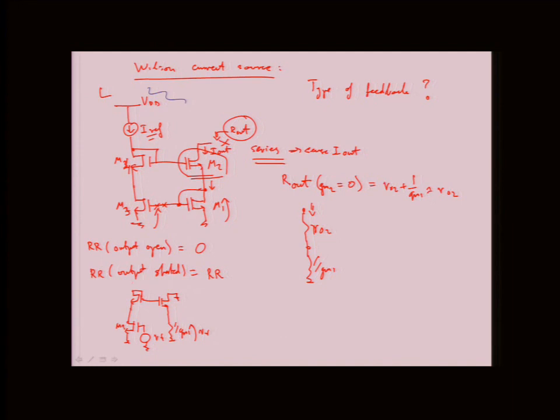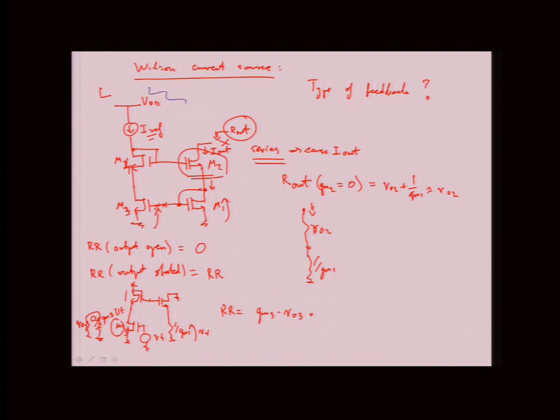So since this is open as well, there's no current flowing down here. So all the current in M3 is really just going between GM3 vtest and into the RO3, right? That's the current path. So our RR is then going to be GM3 times RO3. So we generate then the voltage.